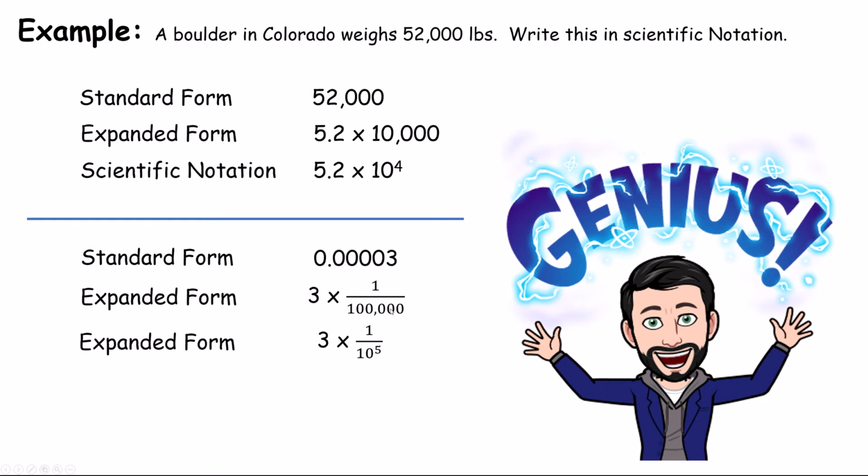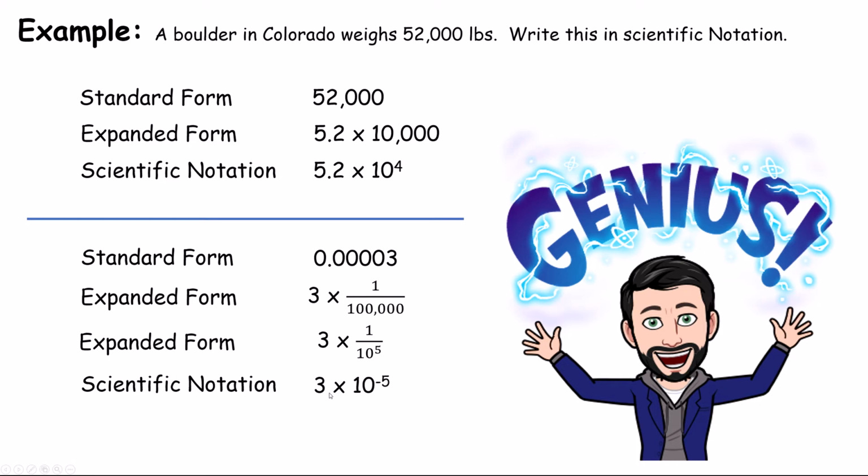And I happen to know that 100,000, since it has 1, 2, 3, 4, 5 zeros in it, is the same as 10 to the fifth. And I happen to know that 1 over 10 to the fifth from my exponents unit is 3 times 10 to the negative fifth. 1 over 10 to the fifth is the same as 10 to the negative fifth power.